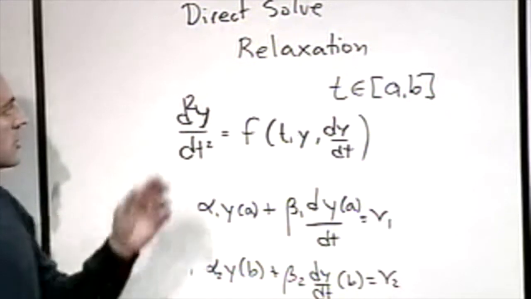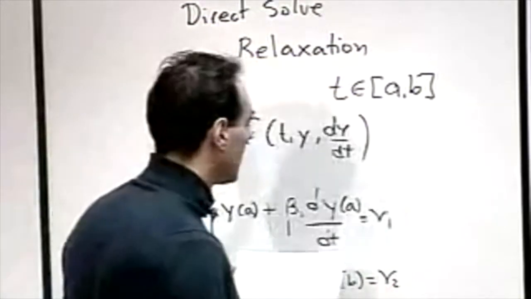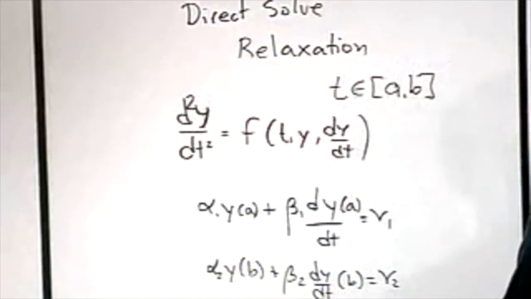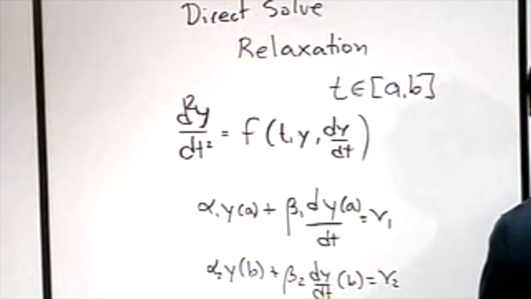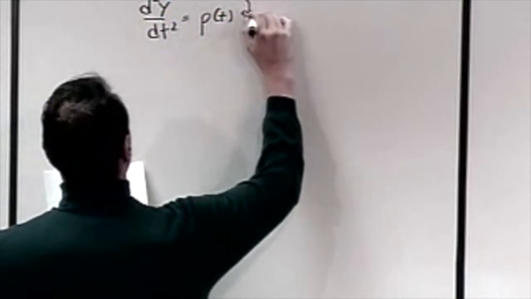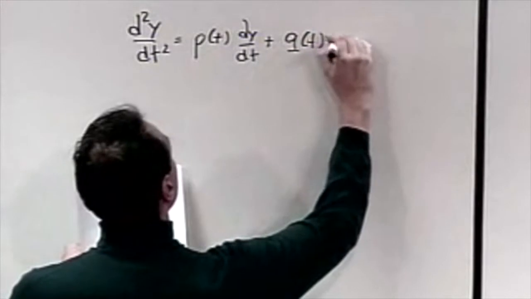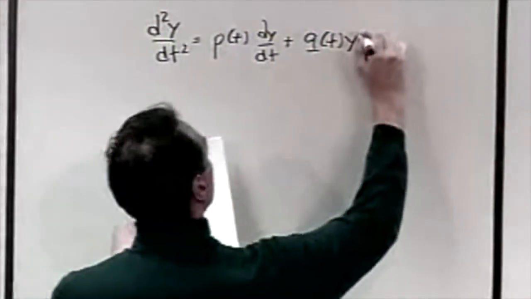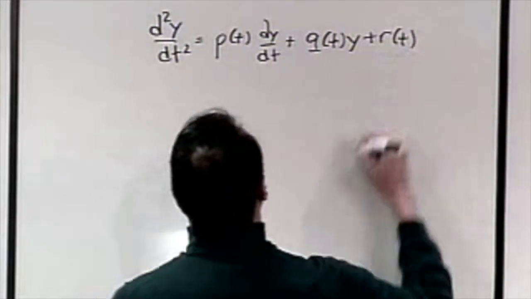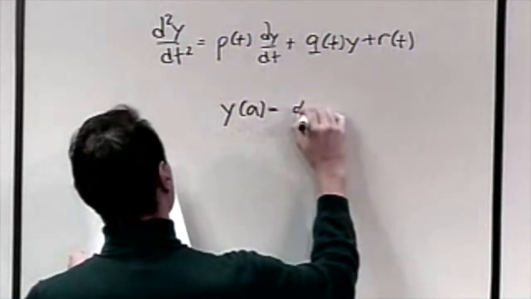Now what we want to do is a different approach, which is this direct method. Let's consider a simplified version and see how we want to solve it. So we're going to consider first the linear case. Something like this with the following boundary conditions.